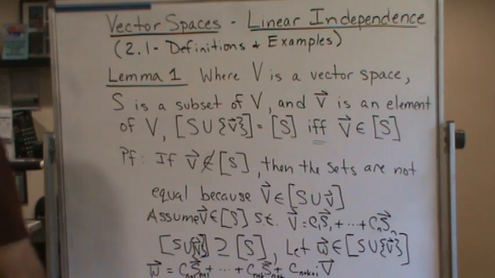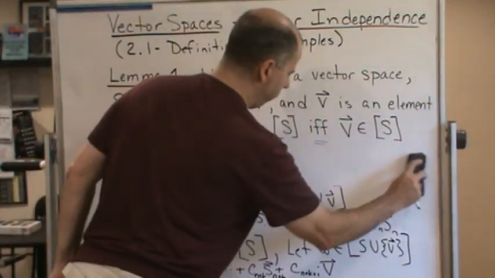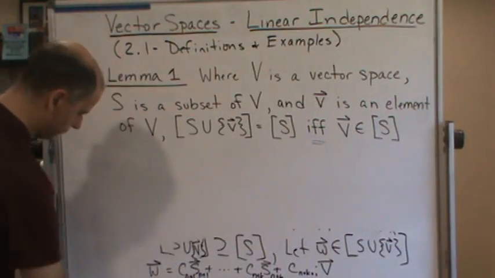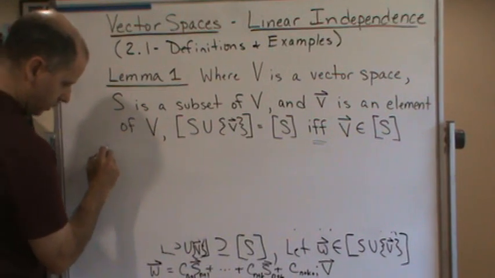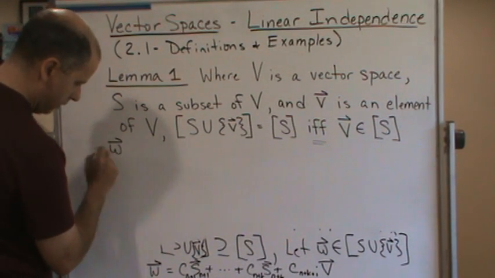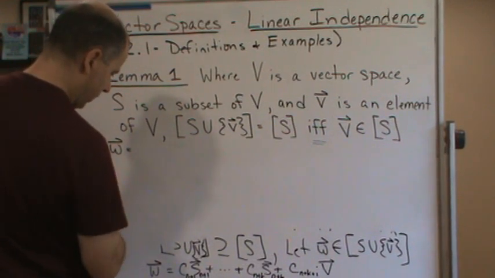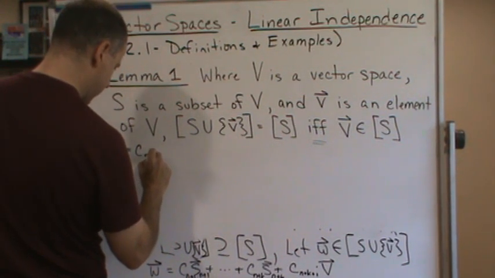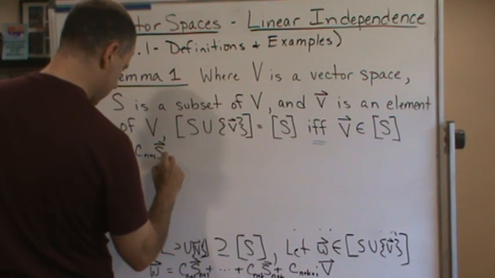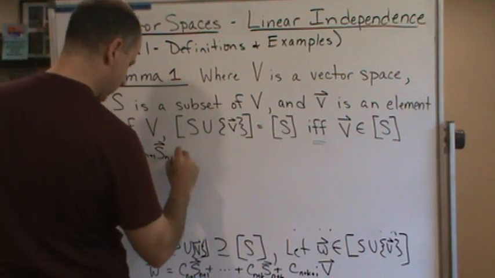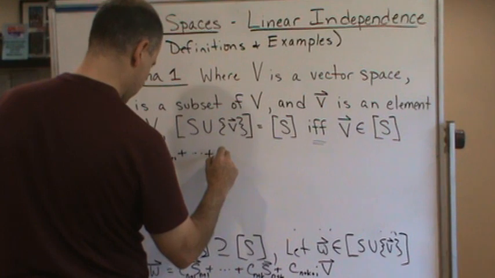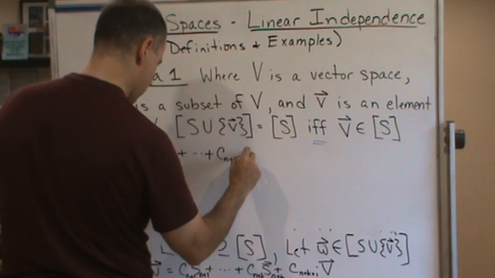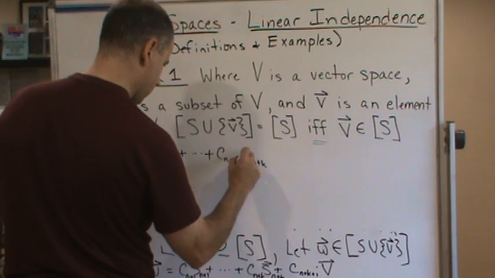So now if we expand this out, we get w equals c sub n plus 1 s sub n plus 1, plus dot dot dot, plus c sub n plus k times s sub n plus k.